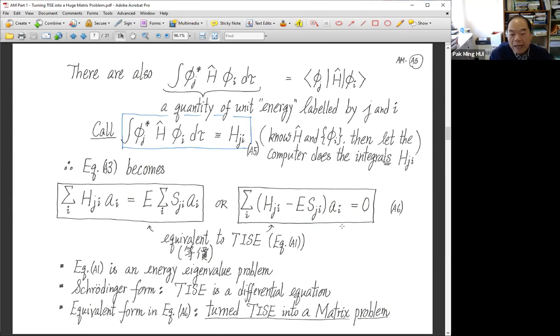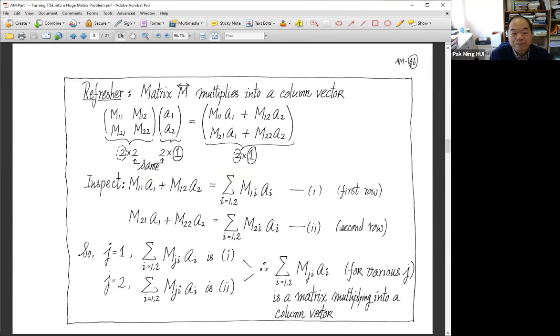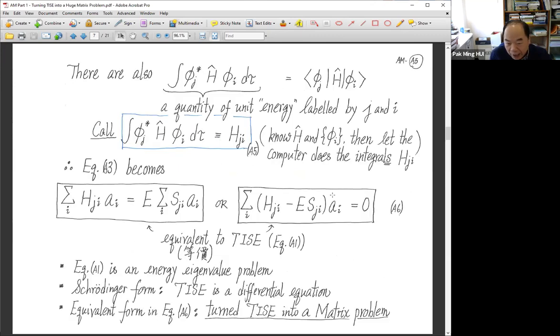Okay? Now I'm afraid that some of you may not immediately realize that this is a big matrix problem. Okay? So, refresher. Now for those who know, just 2 minutes, take a rest. Okay, now, consider a 2 by 2 multiplied into a column A1, A2.